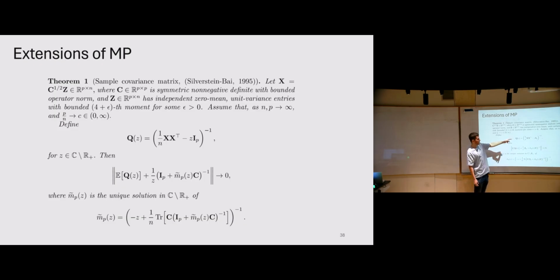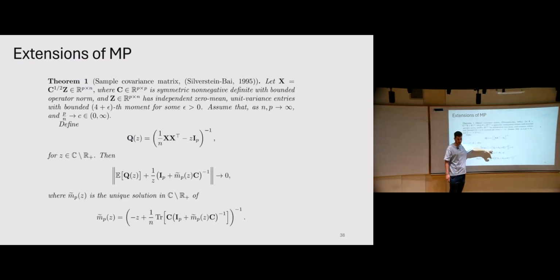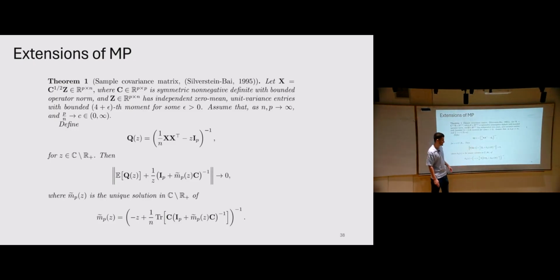So S and P go to infinity and remain comparable as before. We define the resolvent matrix, and here we find that the resolvent matrix doesn't converge to a scalar times identity. We wouldn't expect it to. But the fact that it doesn't makes the analysis way more intractable.